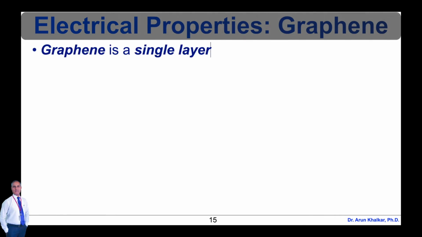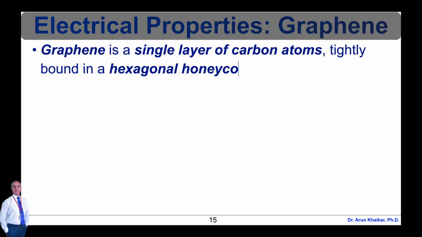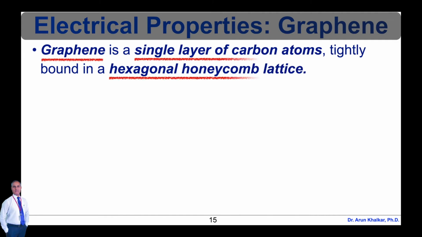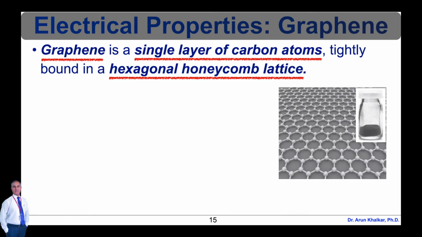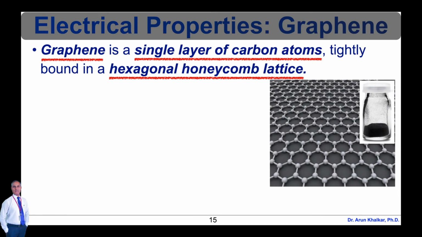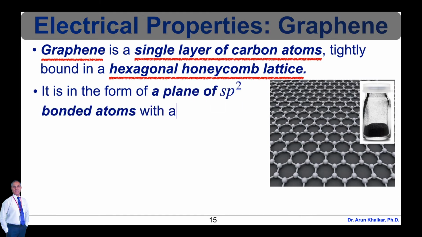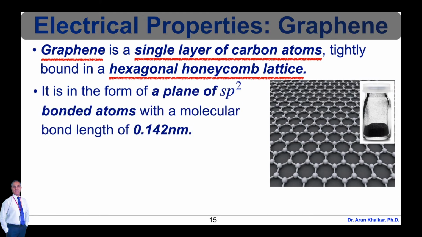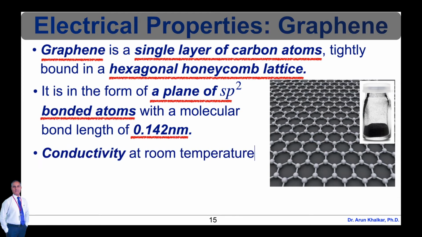Graphene is a single layer or monolayer of carbon atoms tightly bound in a hexagonal honeycomb lattice. It is an allotrope of carbon in the form of a plane of sp2 bonded atoms with a molecular bond length of 0.142 nanometer. Layers of graphene stacked on top of each other form graphite with an interplanar spacing of 0.335 nanometer.